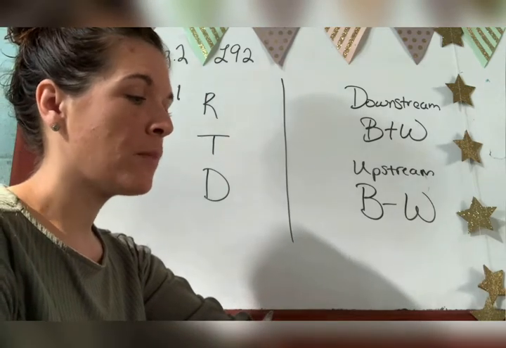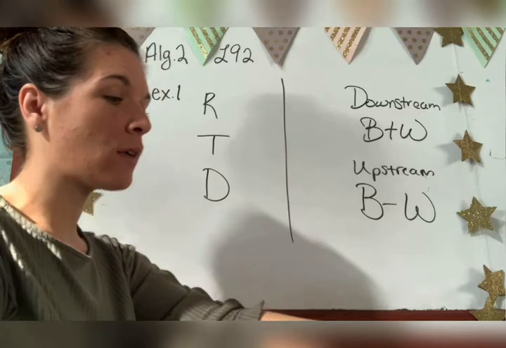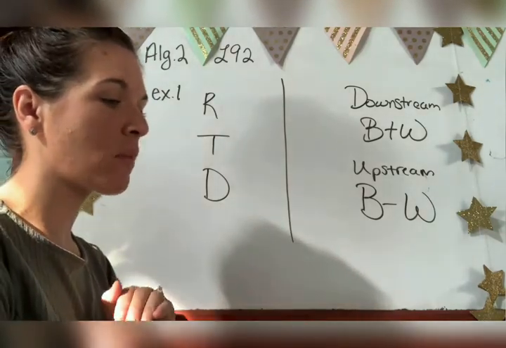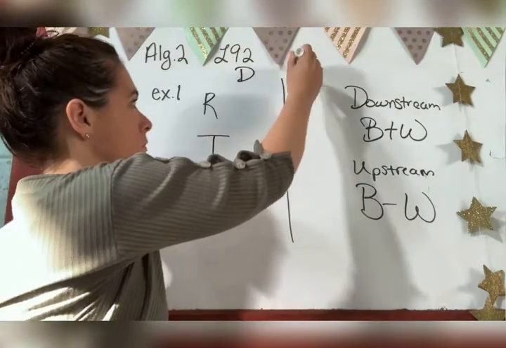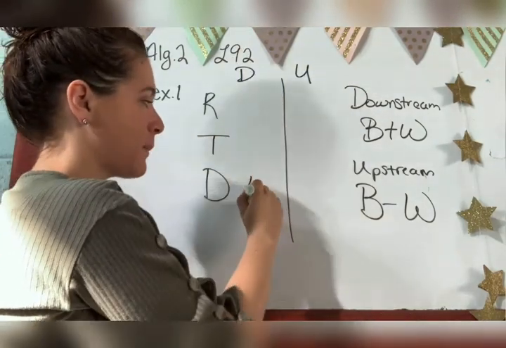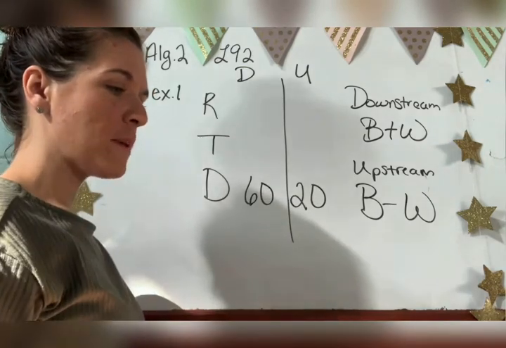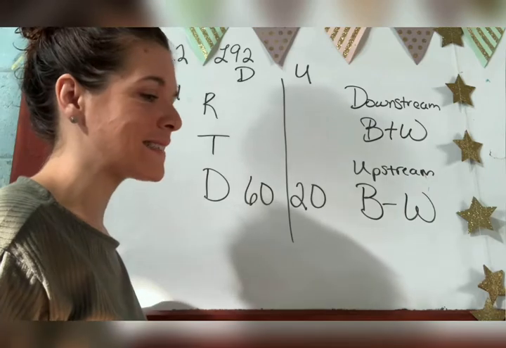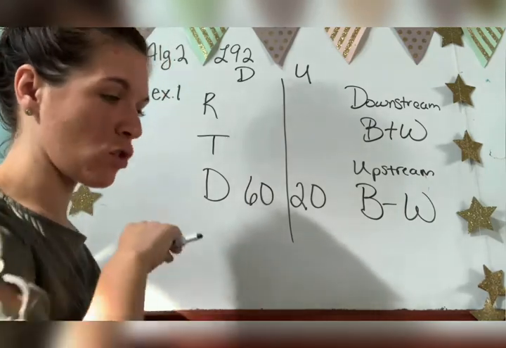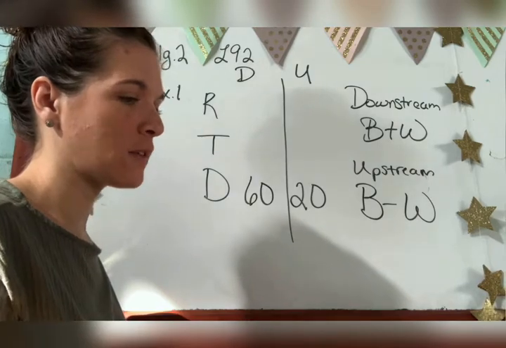So it says in 92.1, Robert and Clay could go 60 miles downstream in the same time it took them to go 20 miles upstream. So 60 miles downstream, 20 miles upstream. If the speed of their boat was 8 miles per hour in still water, that means it's just the boat speed. What was the speed of the current and what was their time?